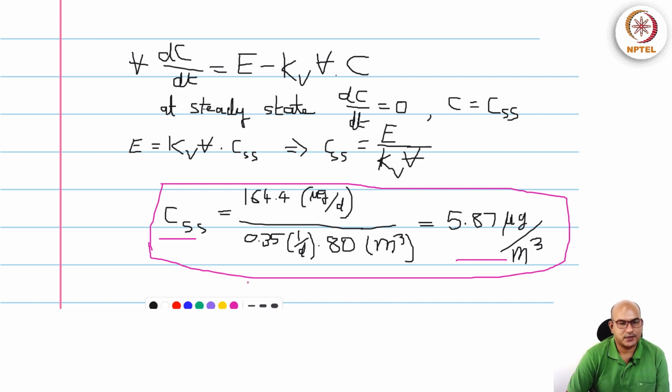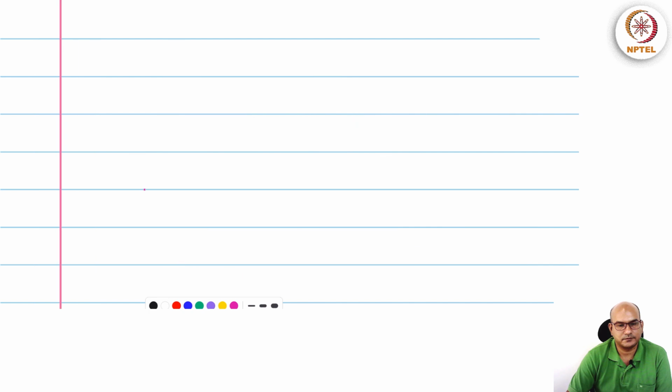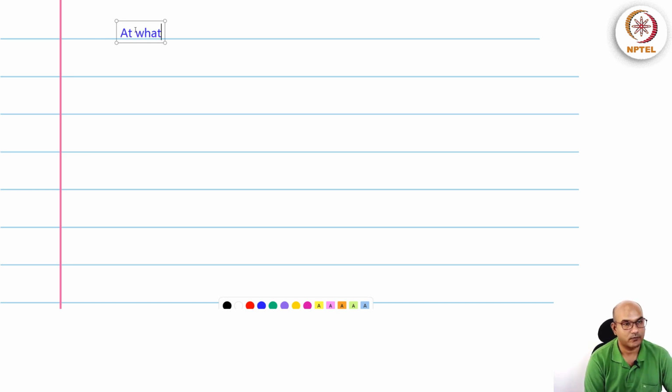The next part was how long will it take for the concentration to become 95% of the steady state value. So the question is framed as: at what time is C equal to 0.95 of CSS.